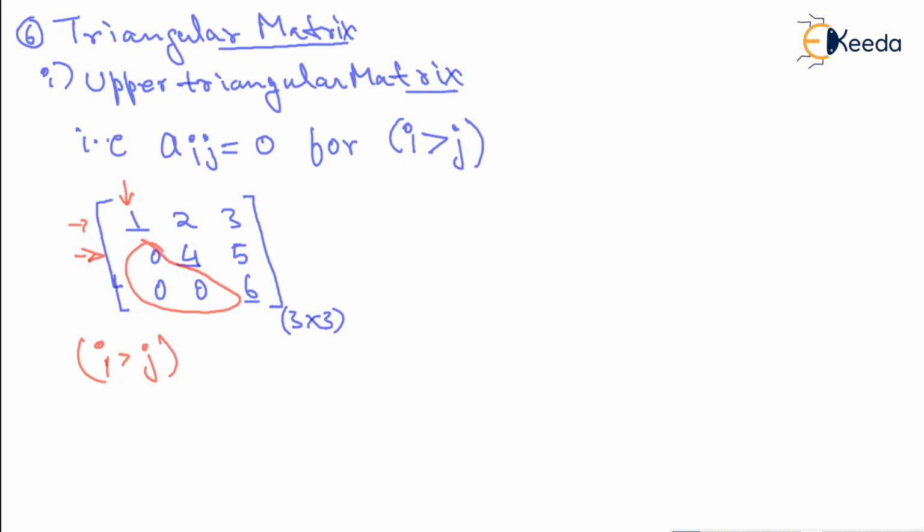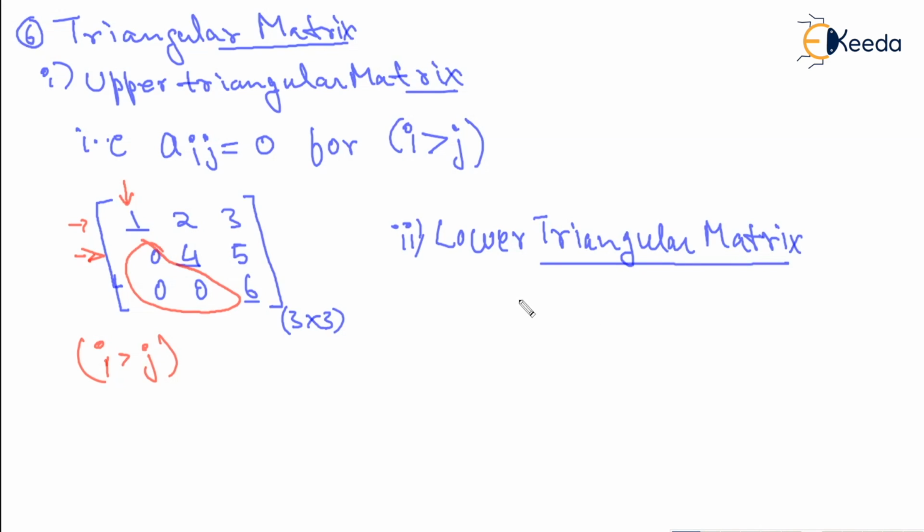Similarly, we'll have the second one, lower triangular matrix. For this, we need to have upper off-diagonal elements to be 0.